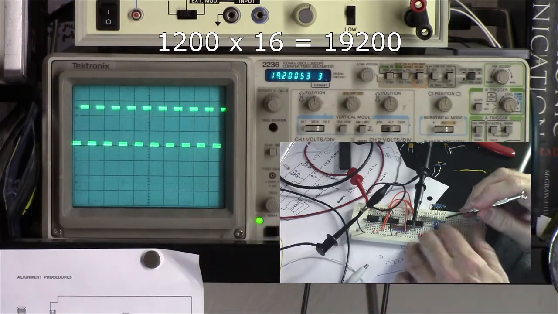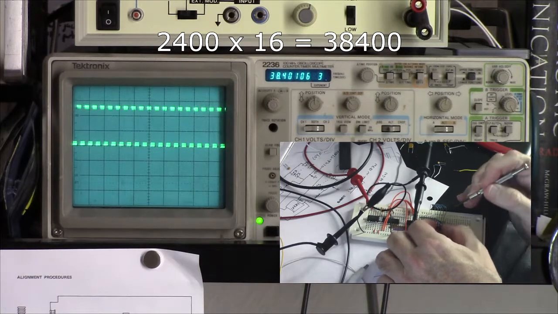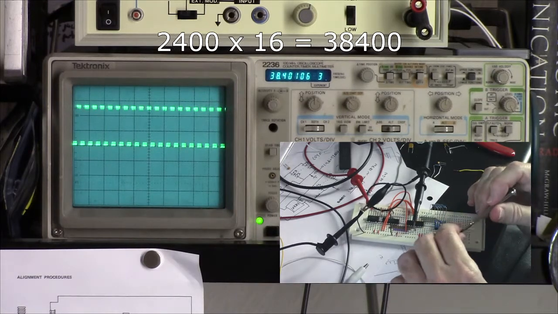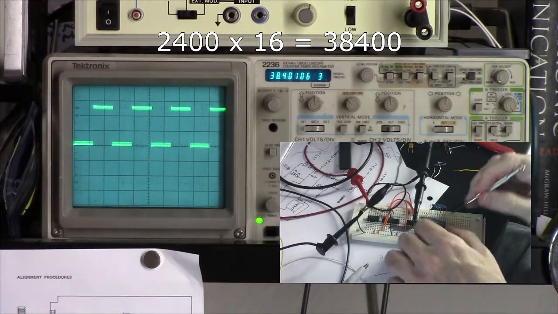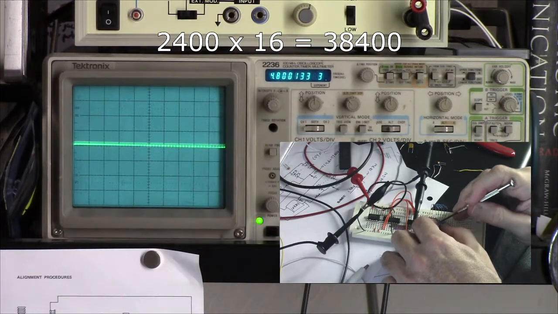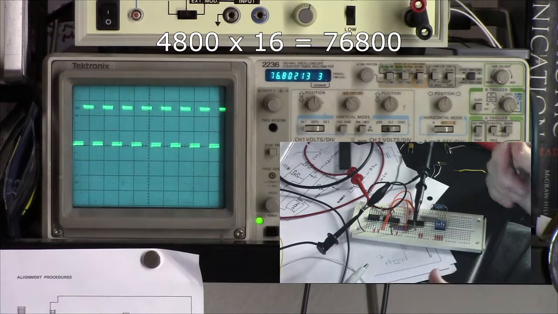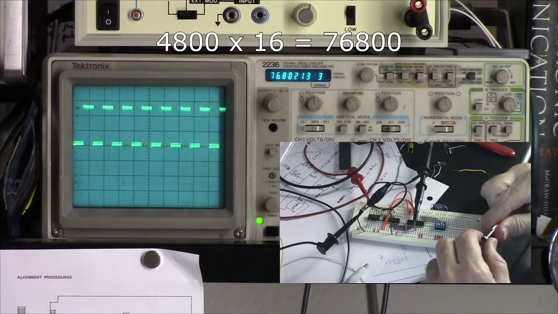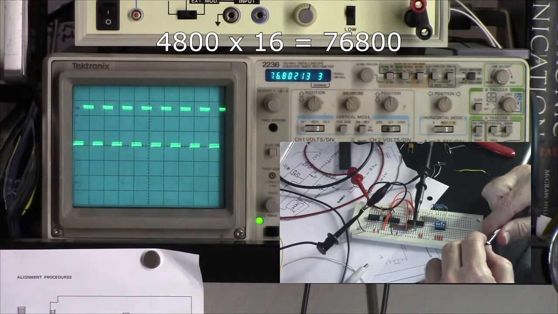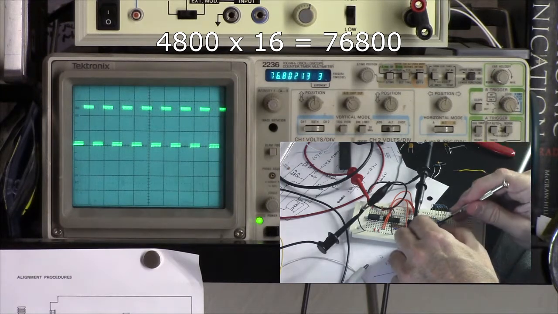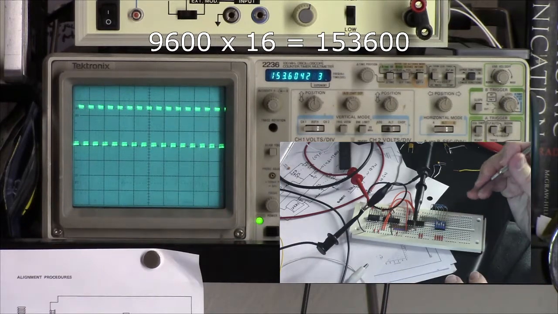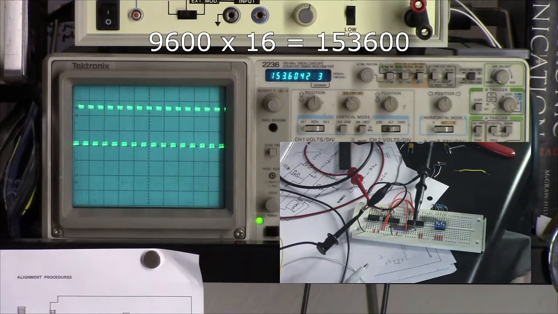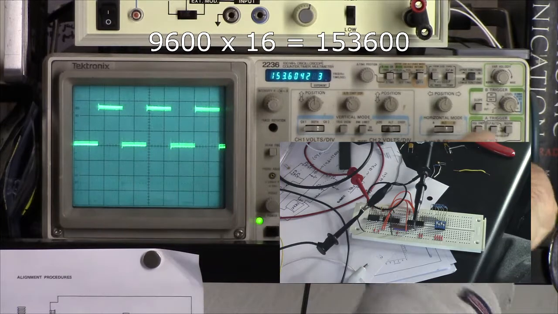So that's 1,200. There's 2,400, which is 38.4 kilohertz. And then we go to 76.8 kilohertz. That would be 4,800. Next is 153.6, which is 9,600.